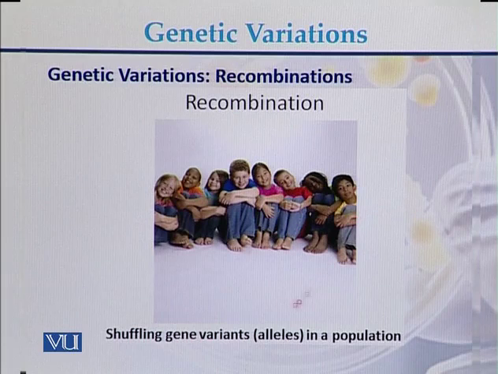There are recombinations and shuffling of the gene variants, which are also called alleles, in the population. Within populations or within individuals, different alleles or gene variants shuffle. So that is also one of the reasons for the genetic variants found in different genomes.